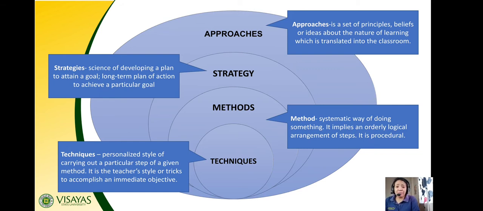Then the long-term plan that is used to carry out our approaches, that is based on our approaches, that is called strategy. Now, the step-by-step hadtong aton plan, that is the method. Then our style in achieving this particular method, that is our technique. So we have here approaches, strategy, methods, and techniques.